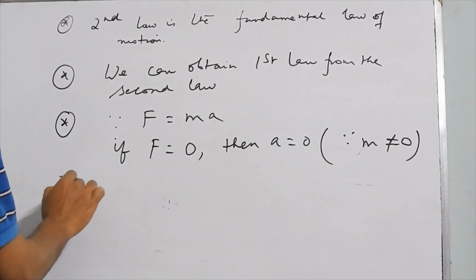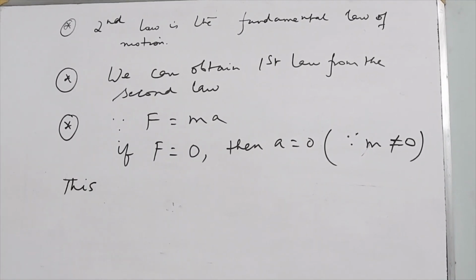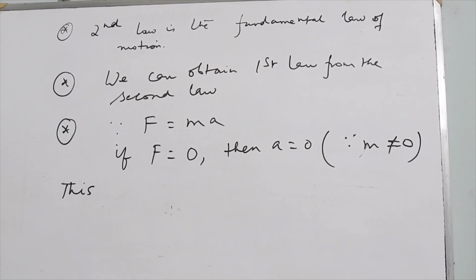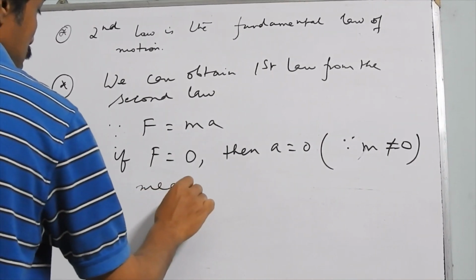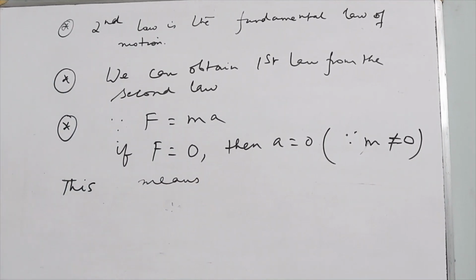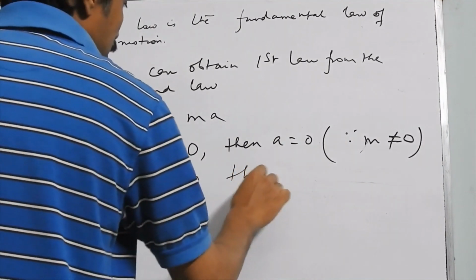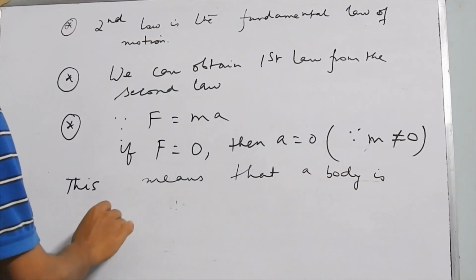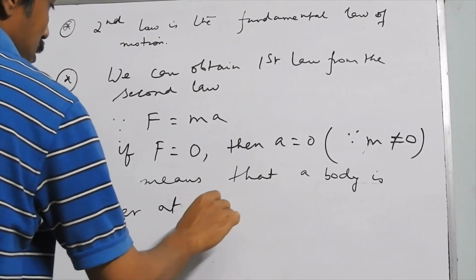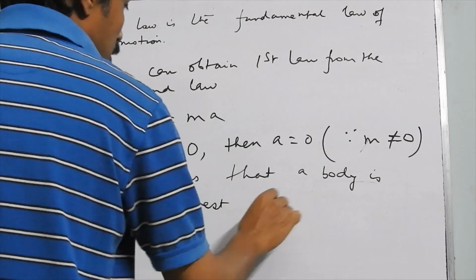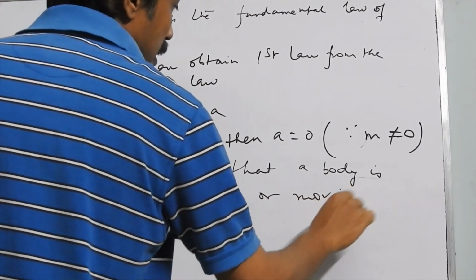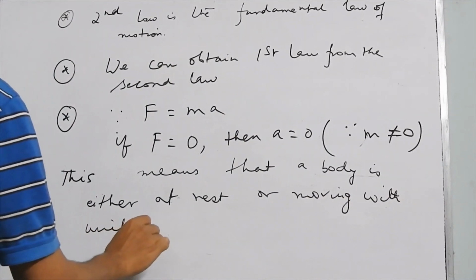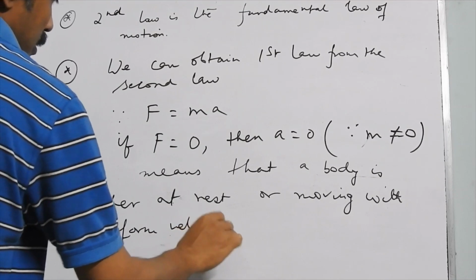Now this means that a body at rest will remain at rest and a body in motion will remain in motion, which is nothing but the statement of Newton's first law. Acceleration is 0 means that the body is either at rest or is moving with uniform velocity along a straight line.